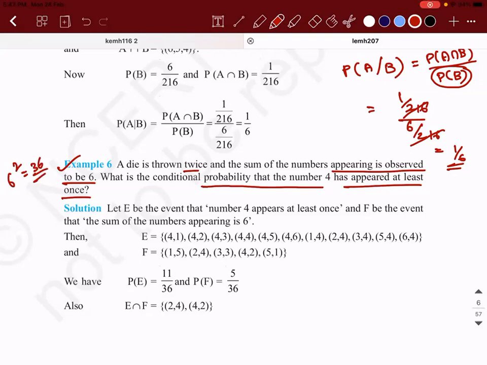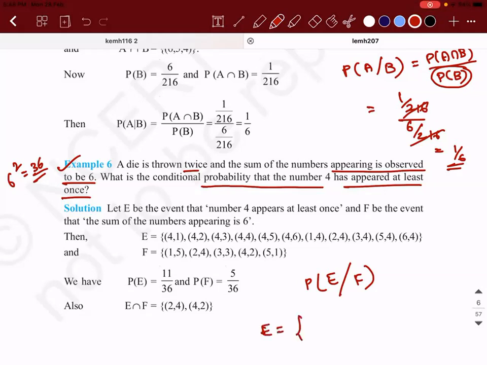Sum of the numbers appearing is observed to be 6. So what is the conditional probability that 4 has appeared at least once, knowing that the numbers appearing are supposed to be added up to 6?